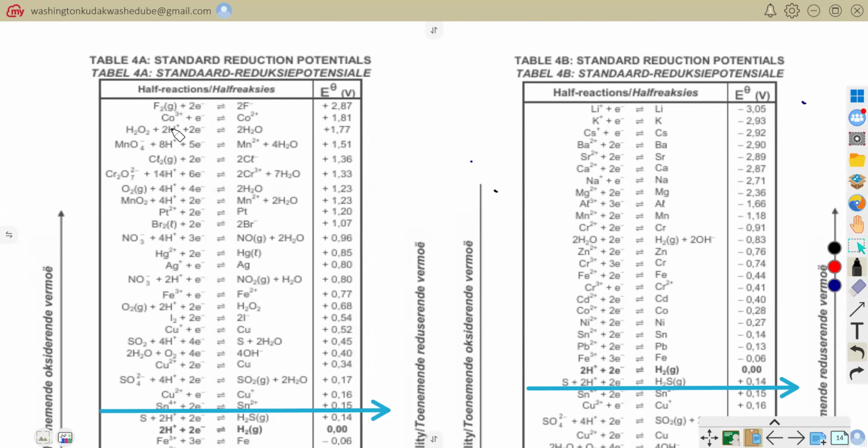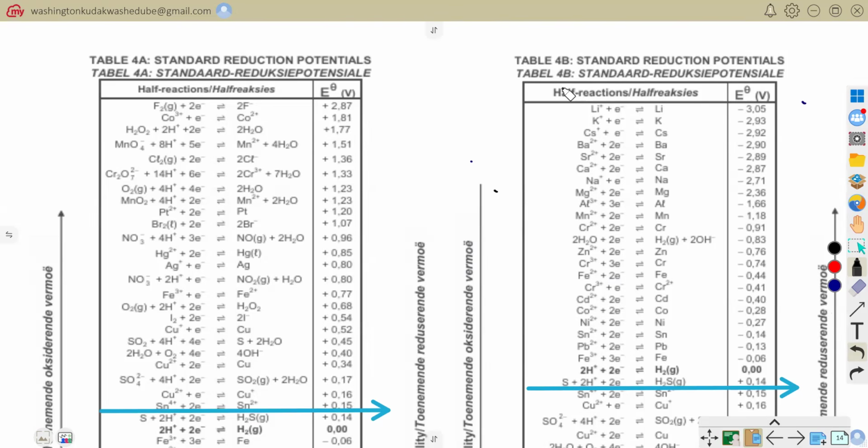It needs to gain electrons. It is hungry for electrons because of this positive. As we are now going down, we are losing this positive, so we are losing this affinity. It simply means that we are increasing in the reduction strength, until we get to negatives.